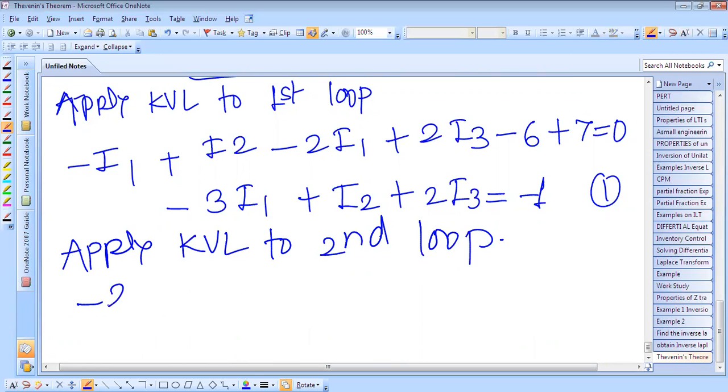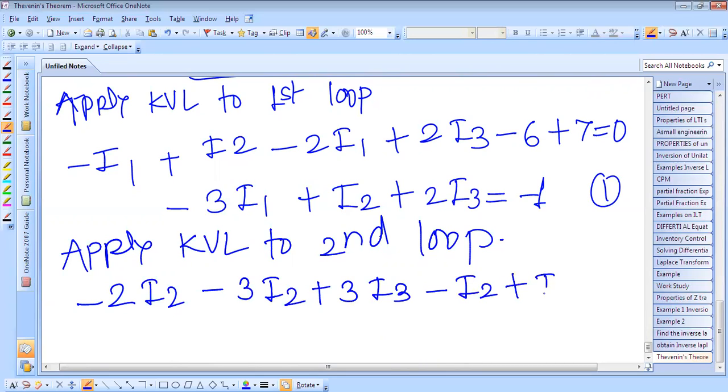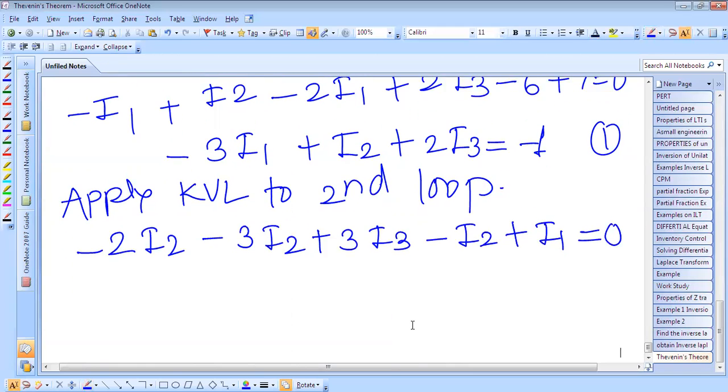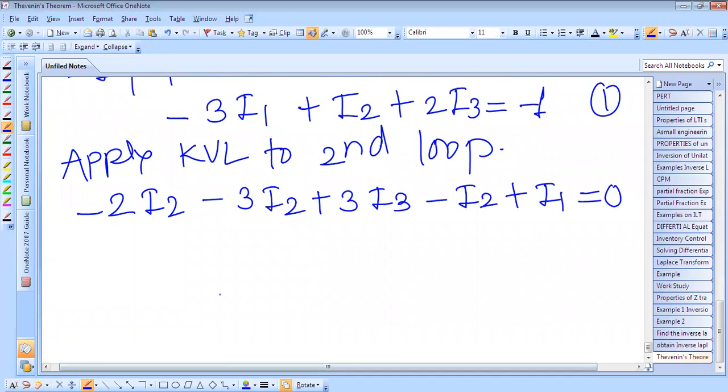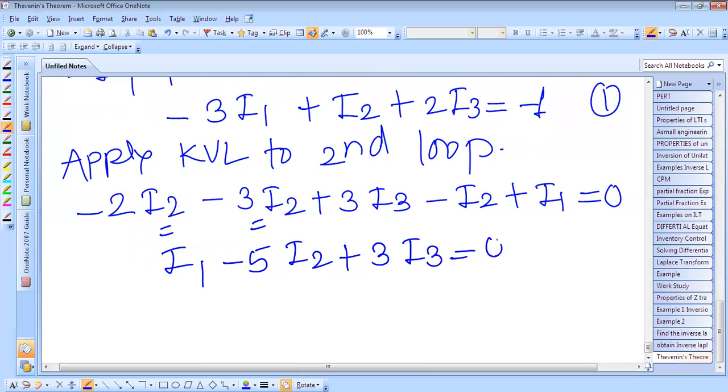So this is a 2 I2 minus 3 I2 plus 3 I3 minus I2 plus I1, and there is no voltage source in this loop, therefore we can write like this. So I1 is there, and this I2 minus 5 I2, and this I3, 3 I3, and this is equal to 0.